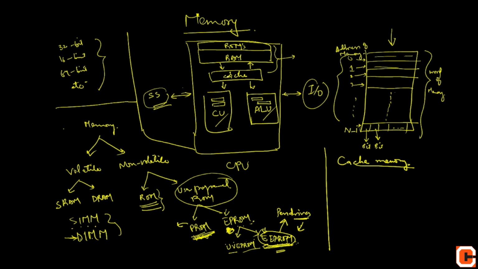We can see it over here. It's near to the processor. There is a specific functionality of cache memory, why it is near to the processor while the other memory chips are a little bit far. Cache memory is residing between the RAM and the processor.